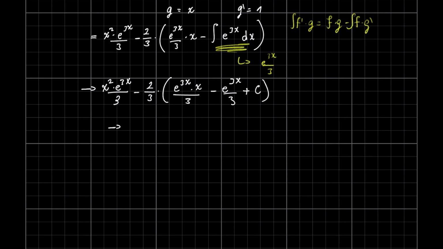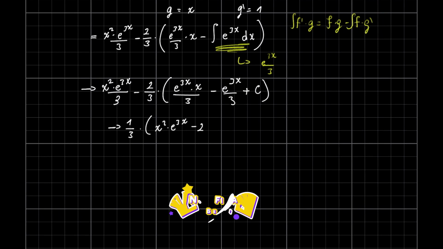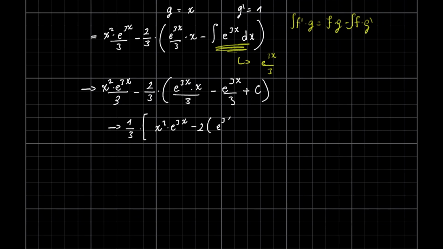So I'll have 1/3 multiplied with x squared times e to the power of 3x minus 2 parentheses. This 2 is multiplied, so here we will use different parentheses so we can differentiate. This 2 is multiplied with the rest here, so that is e to the power of 3x times x over 3 again minus e to the power of 3x over 3.